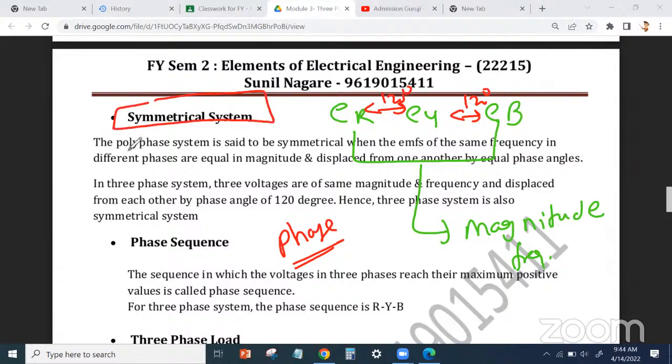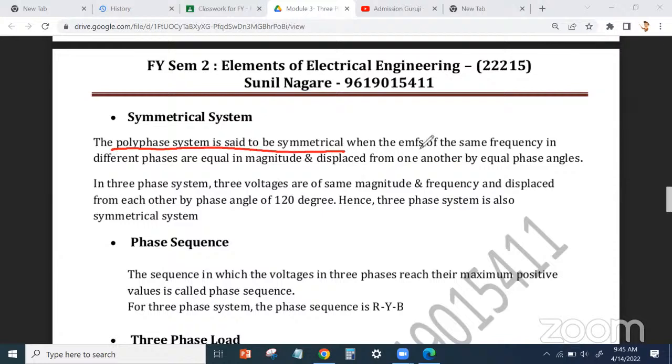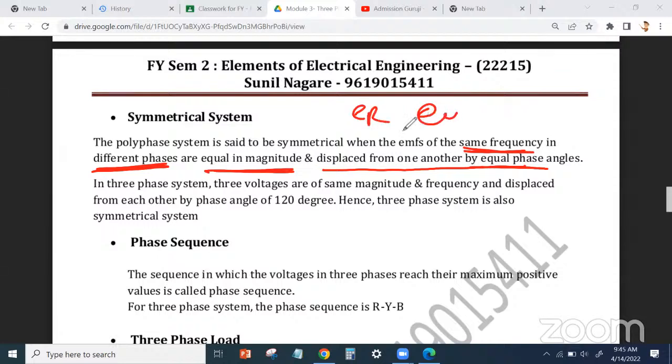उन्होंने definition क्या दिया? The polyphase system is said to be symmetrical when EMFs of the same frequency, फ्रीक्वेंसी सेम है, फेज डिफरेंट है, बट उनका मैग्नीट्यूड सेम है. तो विच पॉइंट आर सेम? फ्रीक्वेंसी सेम, मैग्नीट्यूड सेम, डिफरेंट क्या फेज, लेकिन वो फेज भी displaced from one another by equal phase. जो कुछ भी डिफरेंट फेज है वो भी इक्वल है. मतलब ER एंड EY दोनों का फेज डिफरेंट है, लेकिन फेज डिफरेंस कितना है? 120.